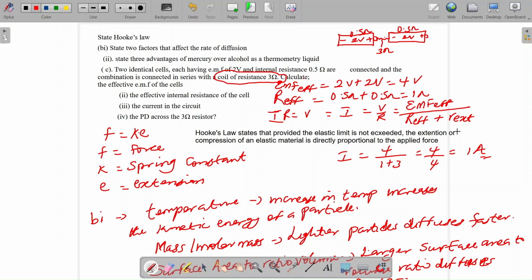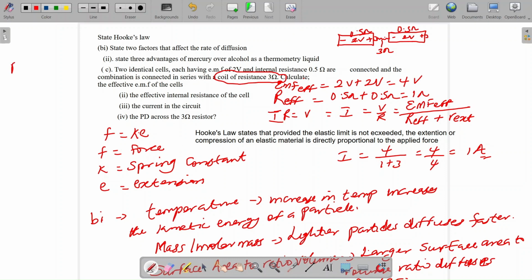So if your I is 1 amp, the third question is the potential difference. Since the two are in series, the same current will flow through.